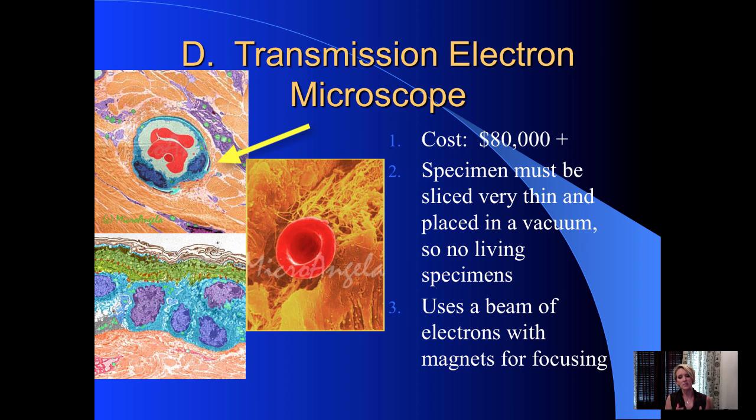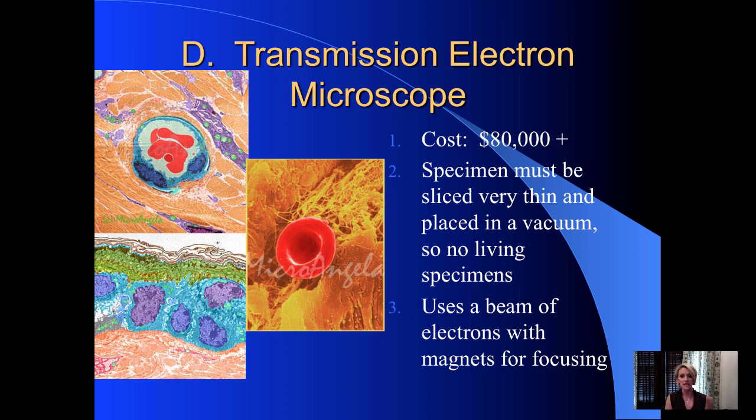And then the specimen is placed into a vacuum. So unfortunately, because of the slicing and because of the vacuum, you're not going to be looking at living specimens with this particular microscope. And then beams of electrons are focused on the specimen, using magnets to focus those electrons.